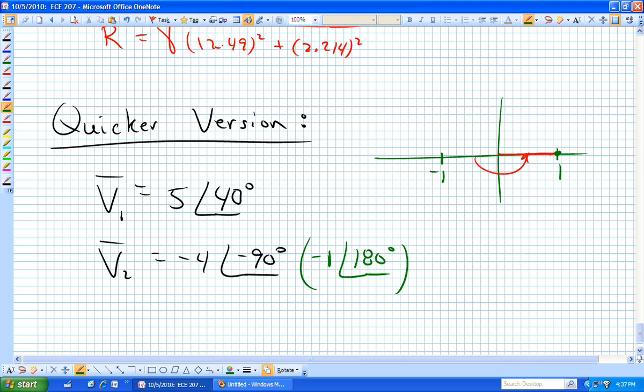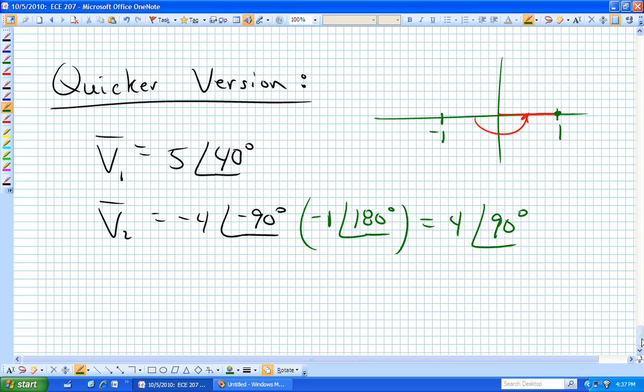So I'm multiplying by 1, which is okay. That says minus 1 times minus 4 gives me 4. I can add my angles, minus 90 and 180, and now I'm at 4 at 90, and that's what we'd already done before. We'd convinced ourselves that that same minus 4 at minus 90 was equivalent to 4 at 90 degrees. But that's now V sub 2, phasor form.